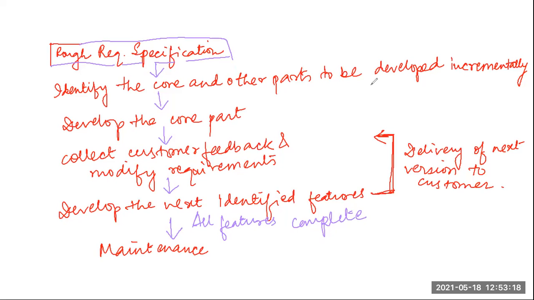They are checking, testing, using, and giving feedback. If they want some change requests, they say so, we incorporate those, and again we deliver. So what it will reduce is the situation where major changes need to be done when finally delivered to the customer. So this will help in reducing that.